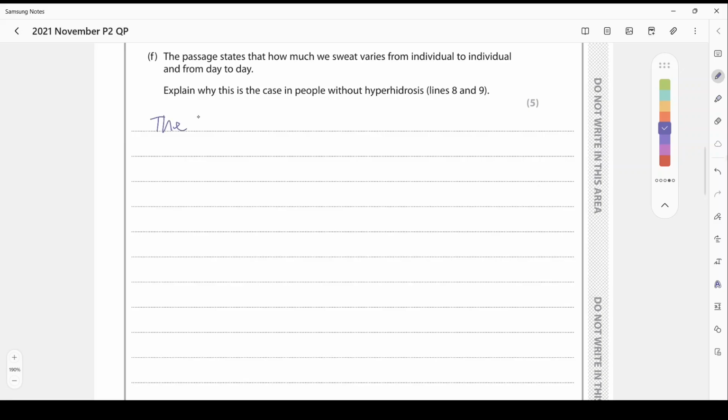So the level of exercise can vary from person to person, and also throughout the day.